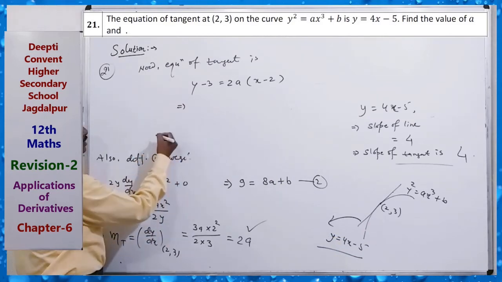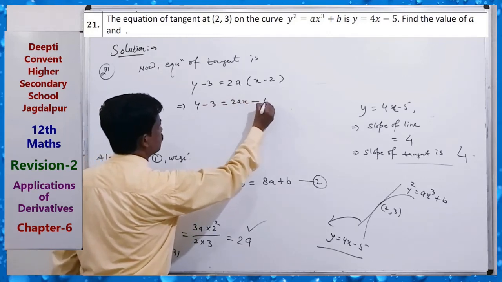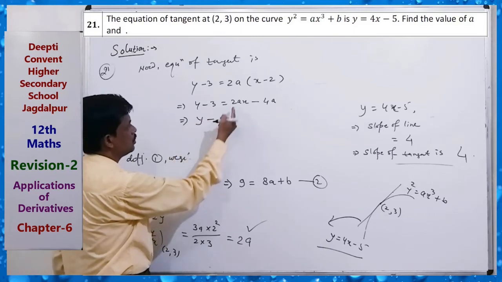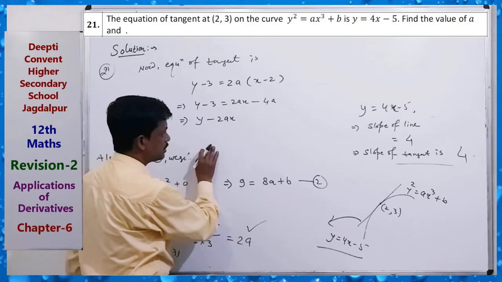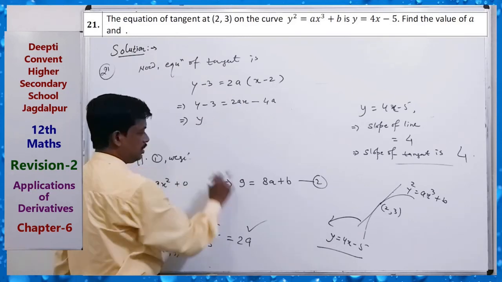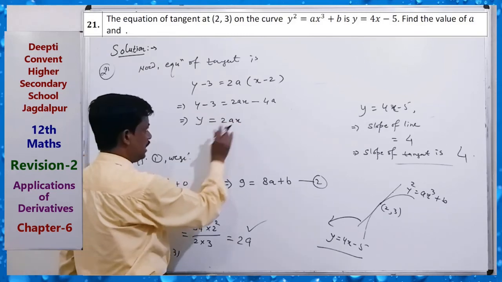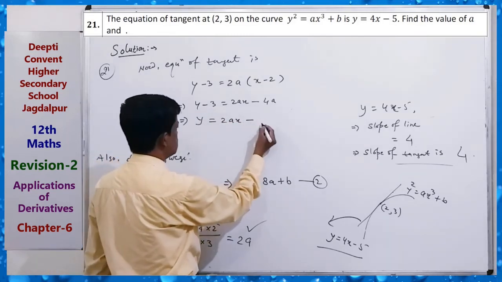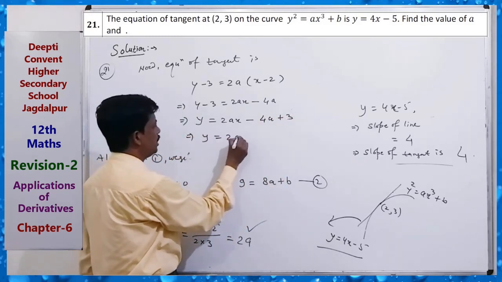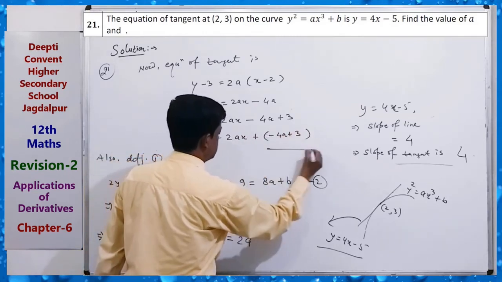So y - 3 = 2ax - 4a, or we can write y = 2ax - 4a + 3. This is equation 3.